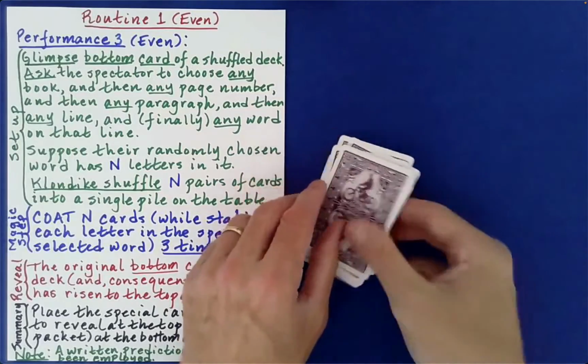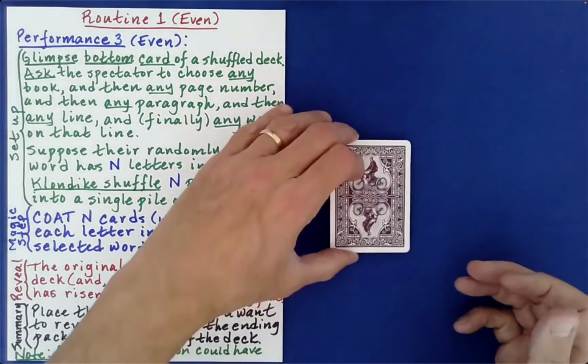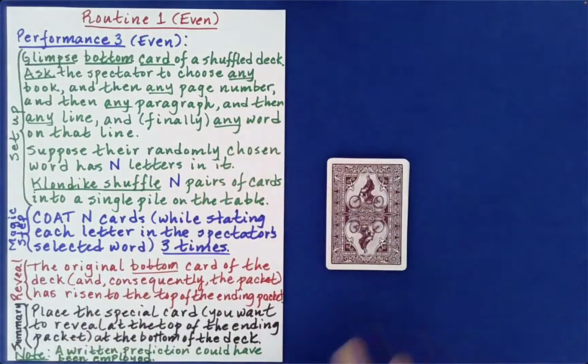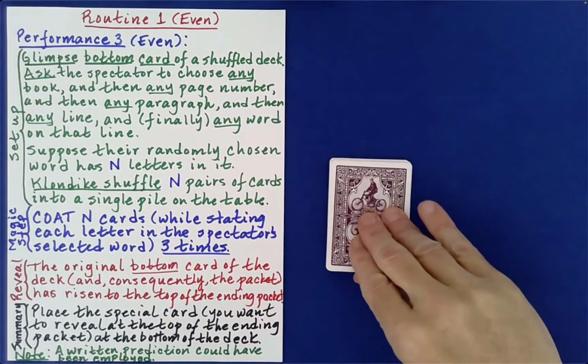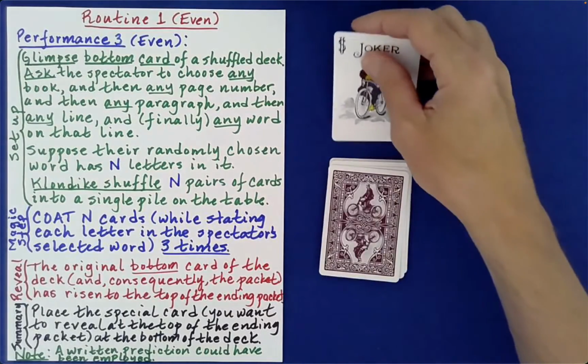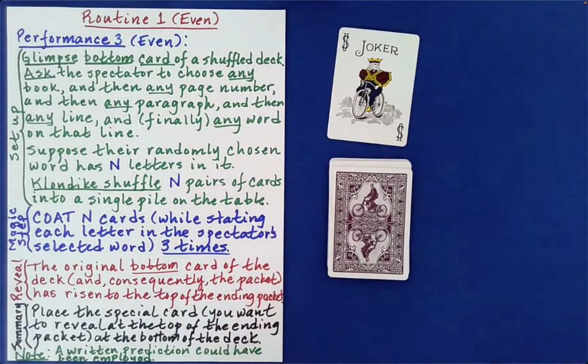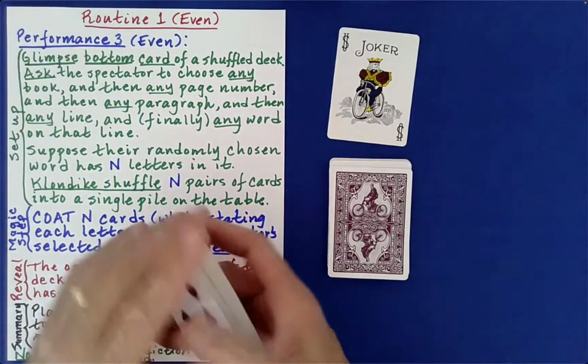R-E-S-U-L-T-S, that's a third time. We've spelled out your word 3 times. Well, guess what? I think it has led to something that is highly unlikely, because it's led to the discovery of the one and only joker in this deck of cards.